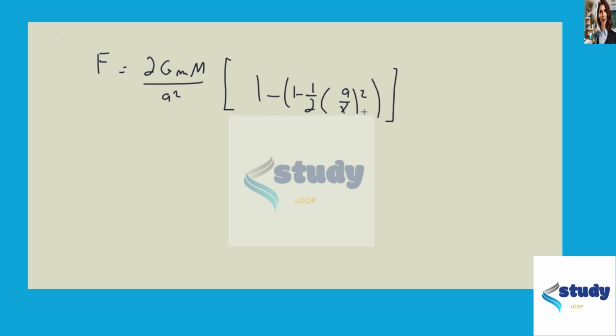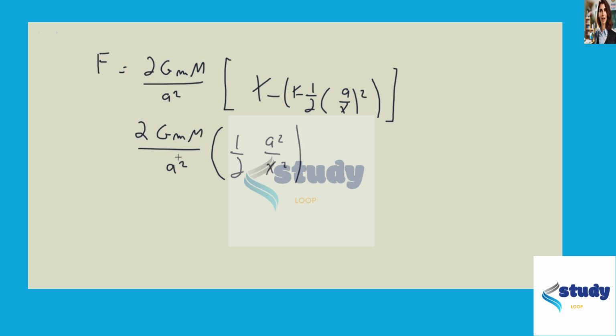So a lot of parentheses in there. These ones are going to go away, and we'd be left with just a plus this 1/2 term. So we have 2 G m M over a squared, multiplied by 1/2 a squared over x squared.